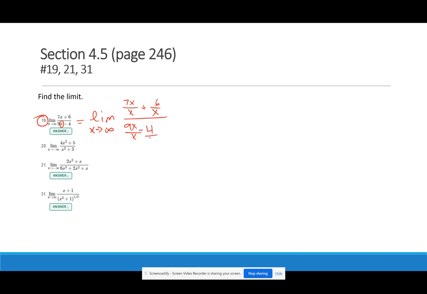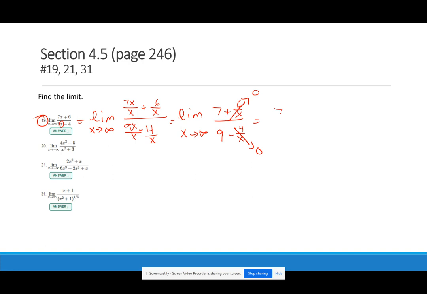Minus 4 over x. And then if you imagine, let me go one more step, simplifying, then we have 7 plus 6 over x, and then 9 minus 4 over x. Now, if you imagine plugging in infinity, 6 over x is going to go to 0, and so is 4 over x.